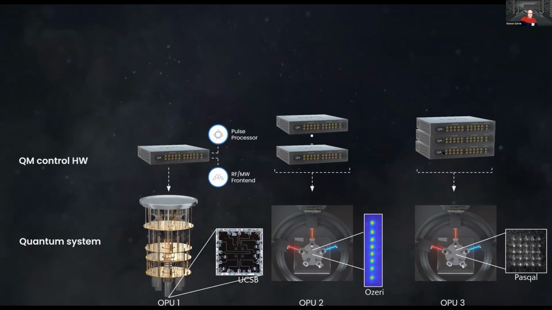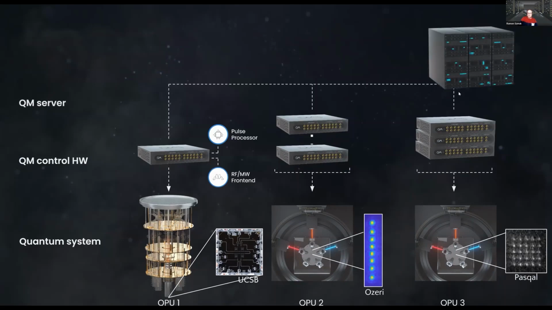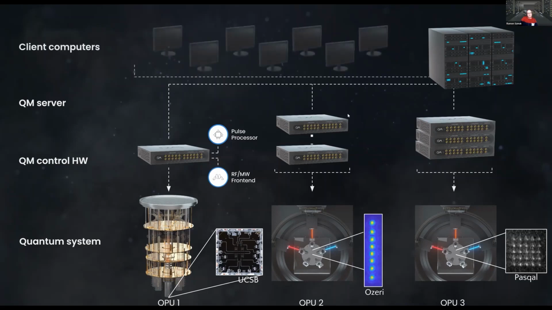In each one of these boxes, you have a pulse processor and an RF front end. Then you have a server. So in the new version, the server is inside the box itself, so you don't have an extra box. It will be inside. And then client computers are connected to the server and uploading jobs, basically.